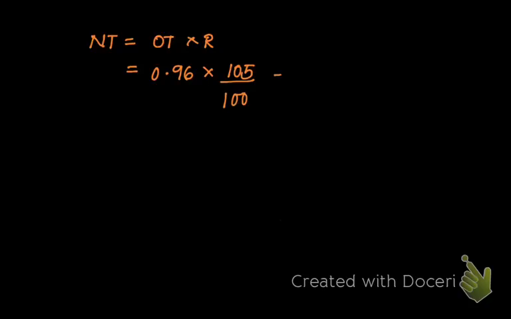Next is to solve for our normal time. So normal time is OT times R. So that's 0.96 times 105 divided by 100. That's 1.008 minute.